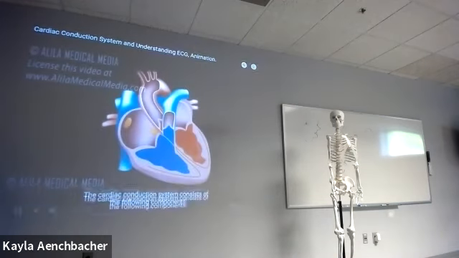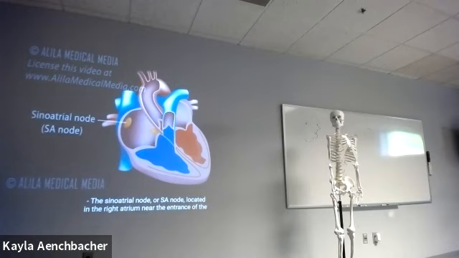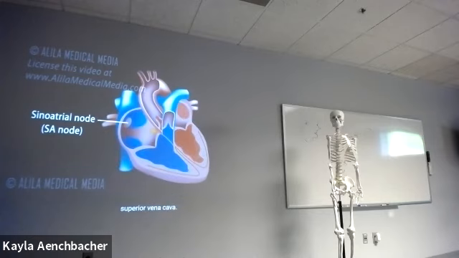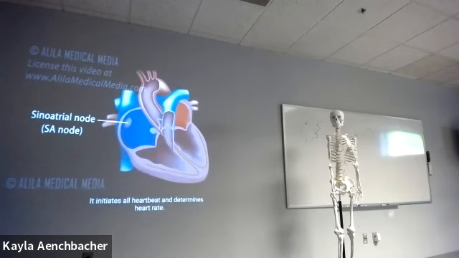The cardiac conduction system consists of the following components. The sinoatrial node, or SA node, located in the right atrium near the entrance of the superior vena cava. This is the natural pacemaker of the heart. It initiates all heartbeats and determines heart rate.